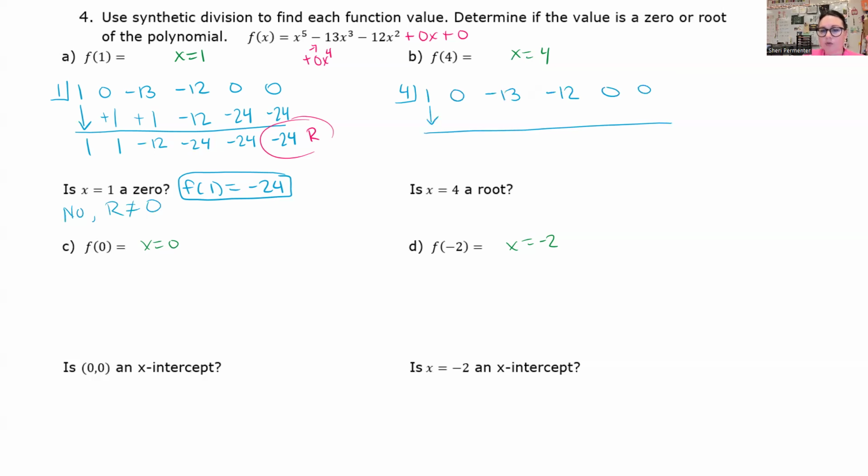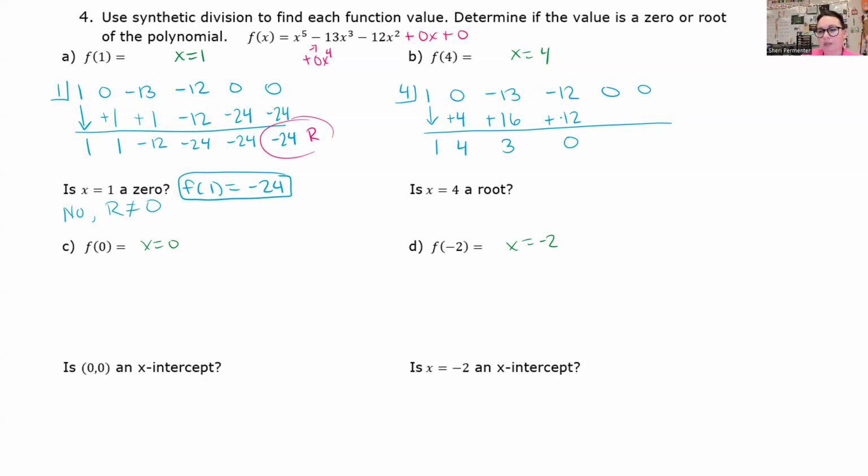To start my problem, I have to drop it like it's hot. Once I drop it, 1 times 4 is positive 4. 0 plus 4 is 4. 4 times 4 is positive 16, so plus 16. 16 minus 13 is 3. 3 times 4 is 12, so negative 12 plus 12 is 0.